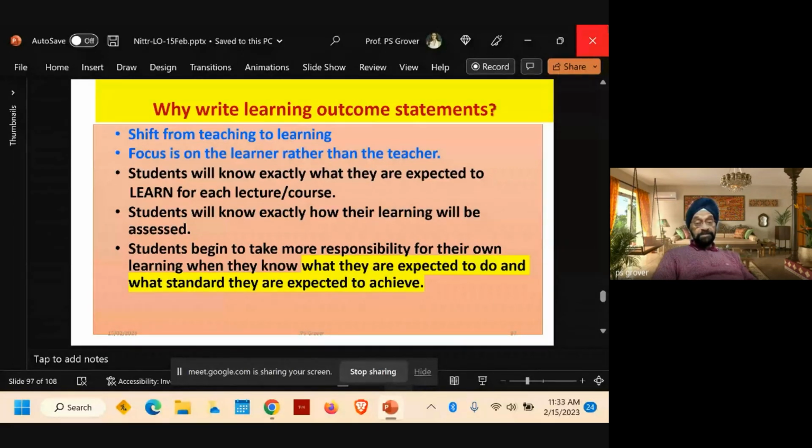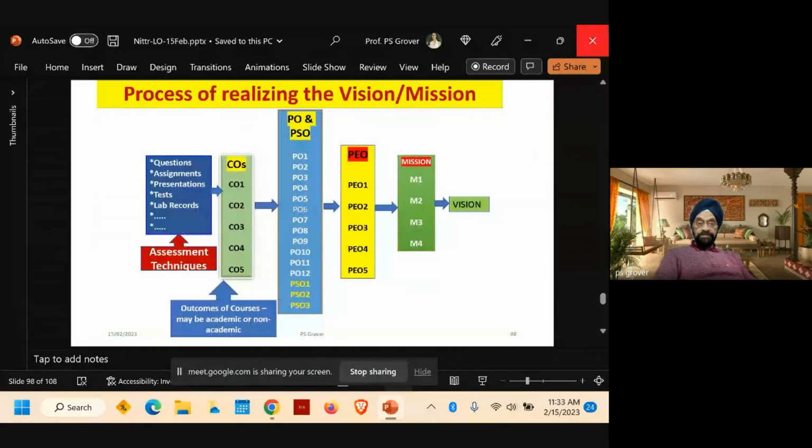Please remember, these things are part of the course outcomes. These are part of the program outcomes. So, by stating these course outcomes, I am sending information to the student about the levels of my expectation. And in fact, in the outcome-based education system, to realize the mission and vision, we start from what we have designed: we have formulated course outcomes and program outcomes.